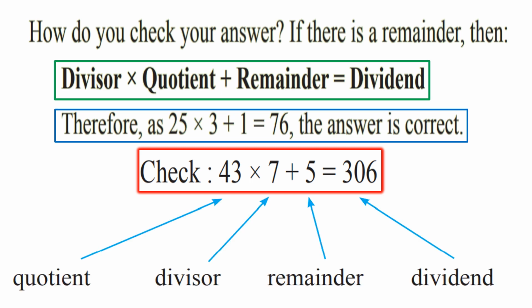The quotient here is 43 times the divisor 7, and then the remainder is 5, then the dividend is 306.